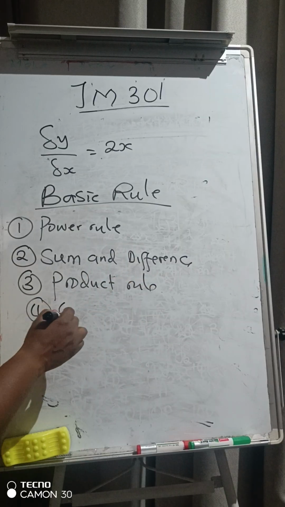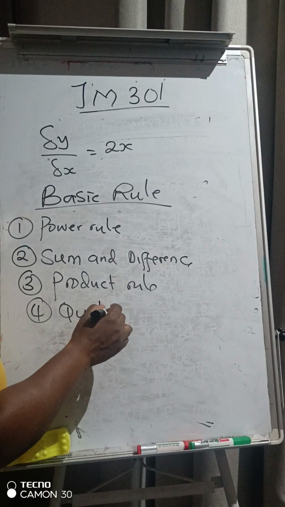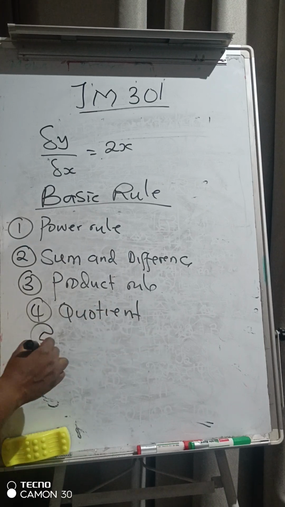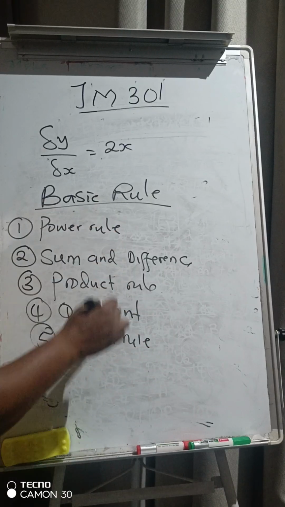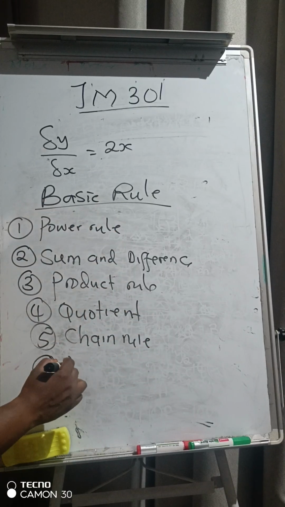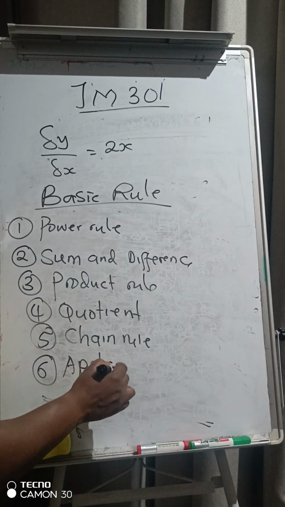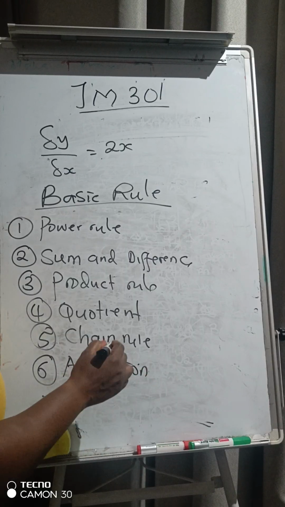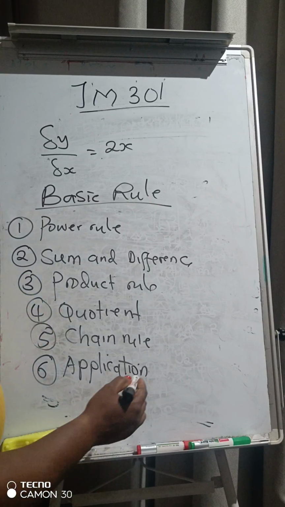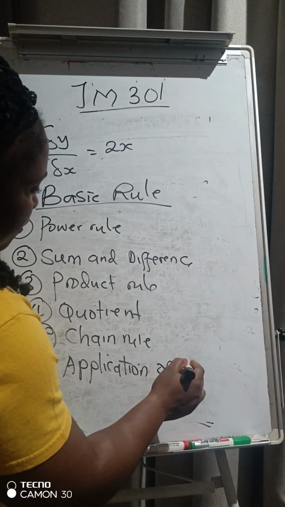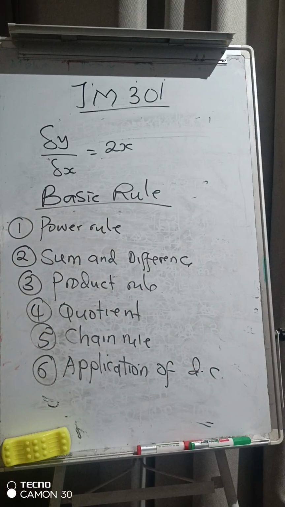We'll treat the quotient rule. And when we are done, we'll treat the chain rule. And when we are now done with all these rules, we'll look at its application in courses like economics, which relate price and quantity, income, employment, and all of that. Application of differential calculus. So this is the outline for this course of study.